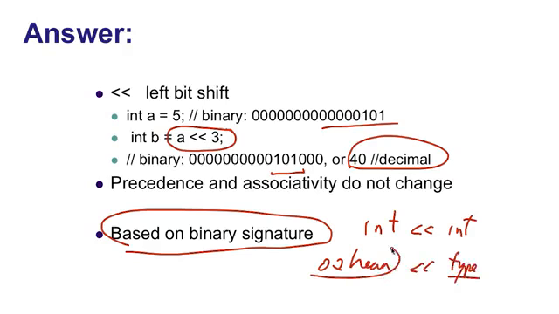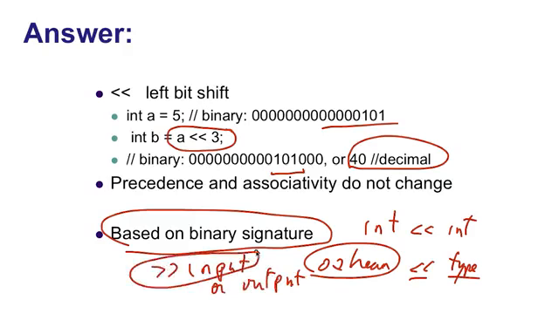And in the case where we have ostream and where we've overloaded the ostream bit shift operator with a type, then we will have the appropriate input or output behavior, in this case, of course, output. So for input, we're going to do the same thing with right bit shift.